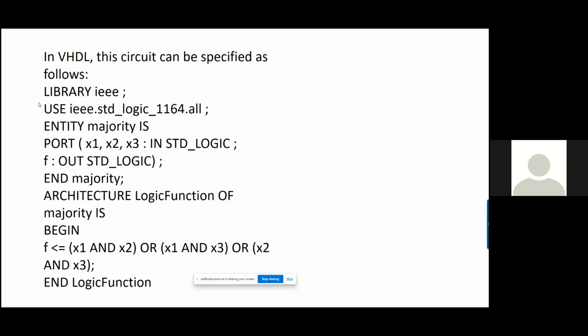Let us take one VHDL code. In our previous lecture, you learned about the syntax of the VHDL language. So first of all, we need a library, that is IEEE, and there are various variants. The current variant we are using is 1164.